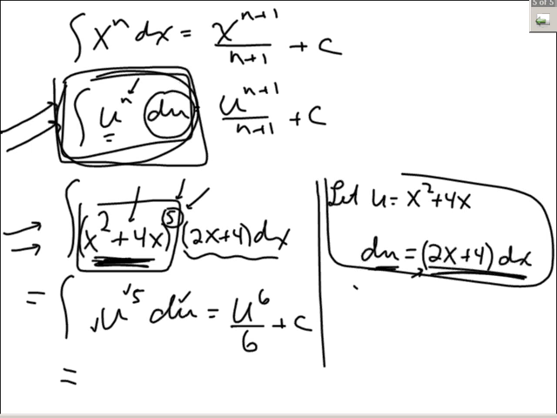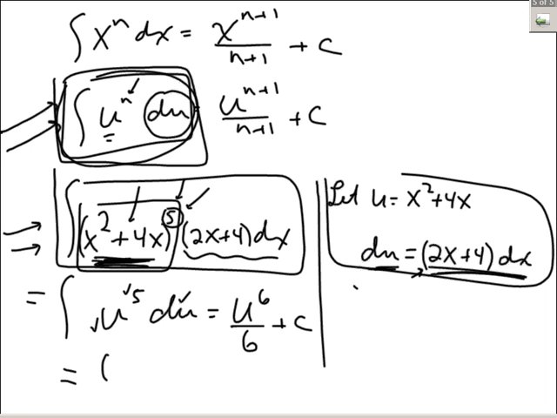But now we have to substitute backwards. After all, if somebody asks you what this integral is, and of course that integral is in terms of x, if you tell them u to the 6 over 6, they're going to be like, what is this person talking about? It's u to the 6 over 6 plus c.